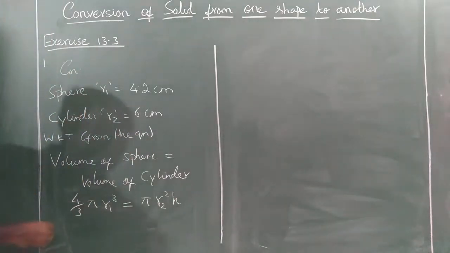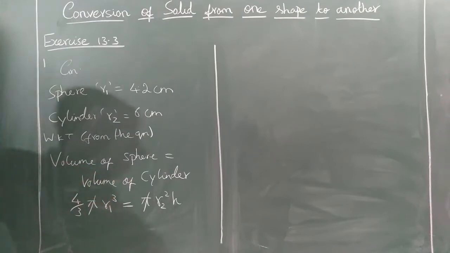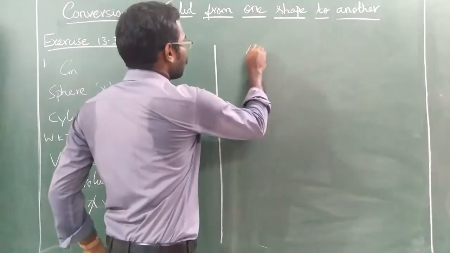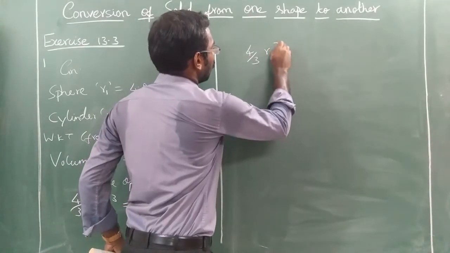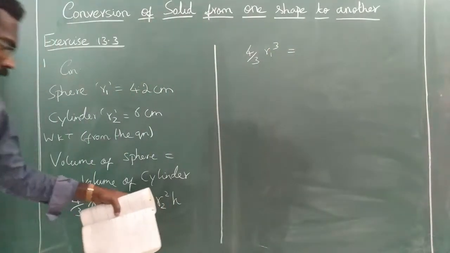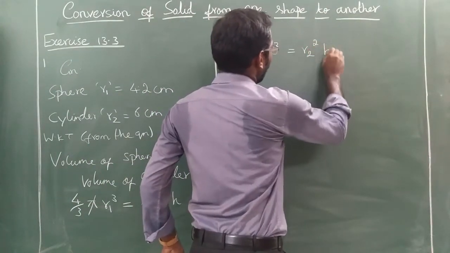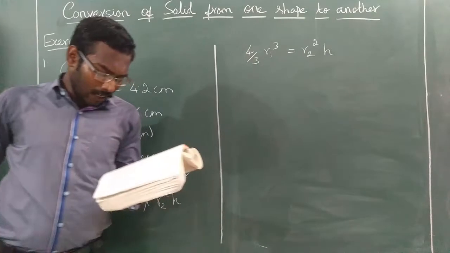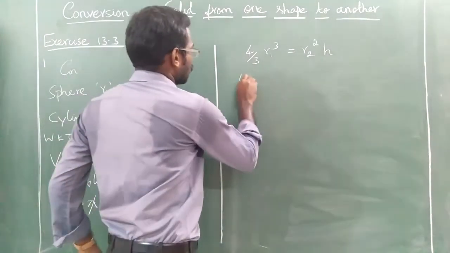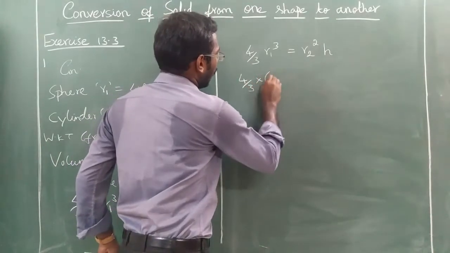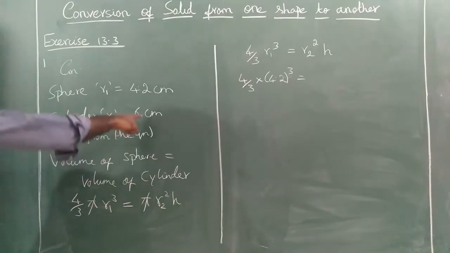So first you can cancel this pi and that pi because both are equal. So 4 by 3 r1 cube is equal to r2 square h. Shall we apply the values? This is 4.2 whole cube and this r2 is 6 centimeter.